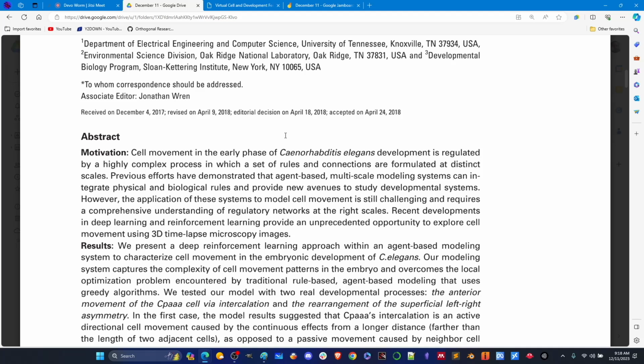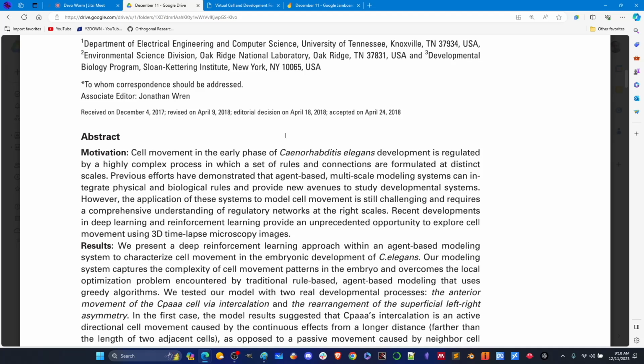Previous efforts have demonstrated that agent-based multi-scale modeling systems can integrate both physical and biological rules. And so, you can have those physical rules of interaction, but also the biological rules that we've talked about, and provide new avenues to study developmental systems. However, the application of these systems to model cell movement is still challenging.